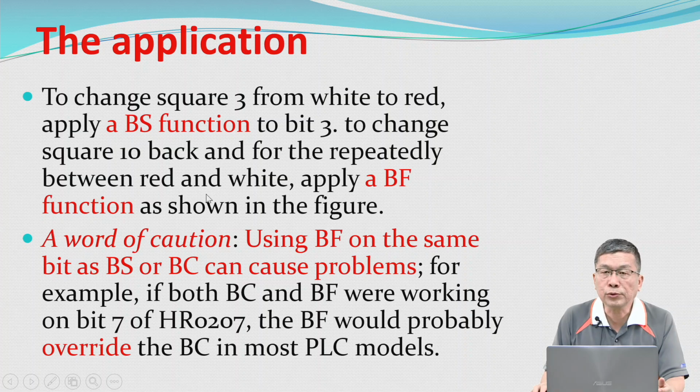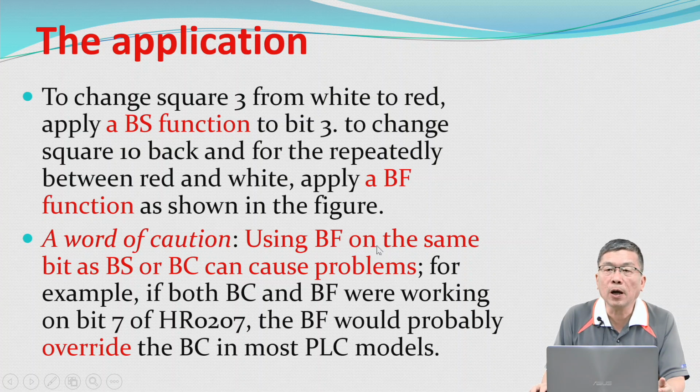To change square 3 from white to red, apply a BS function to bit 3. To change square 10 back and forth repeatedly between red and white, apply a BF function as shown in the figure. A word of caution.